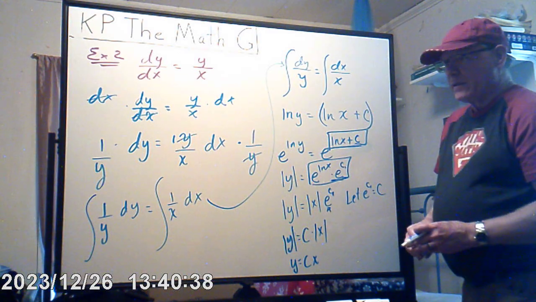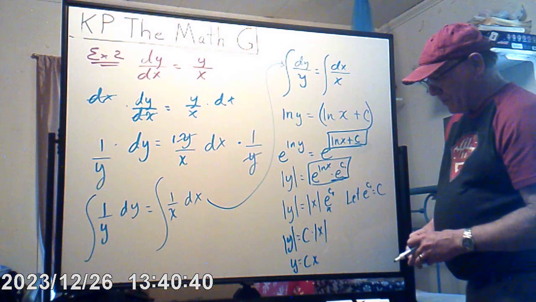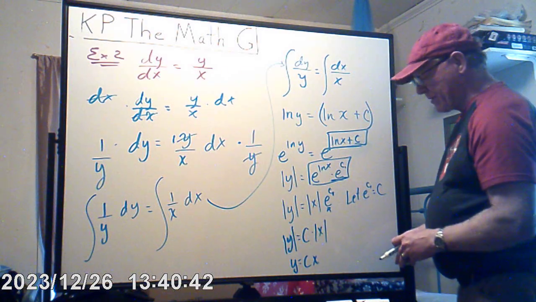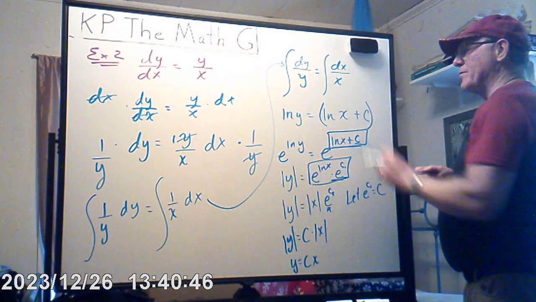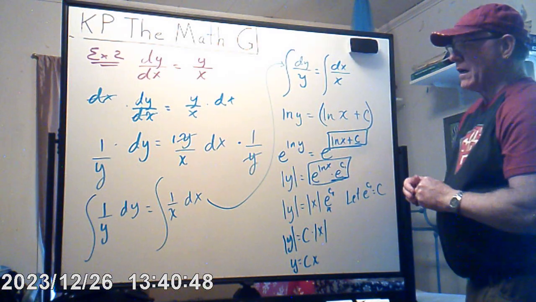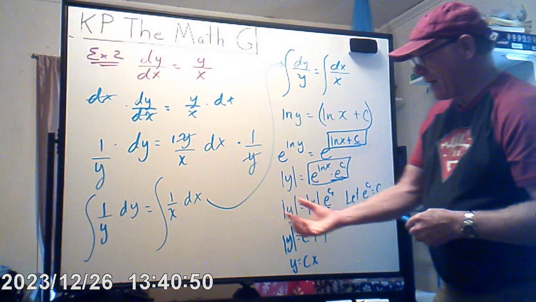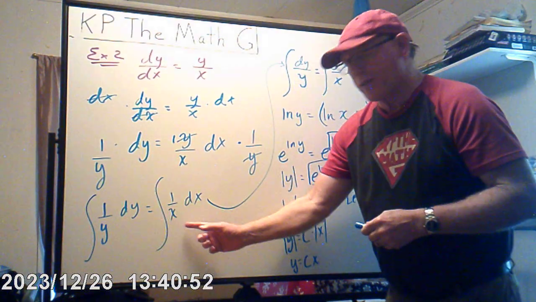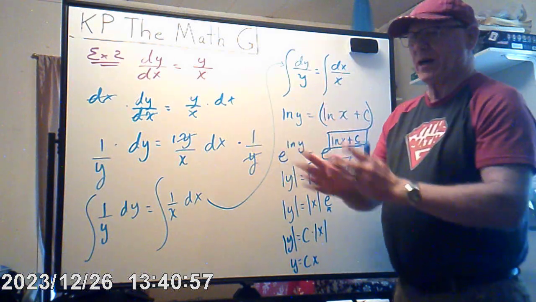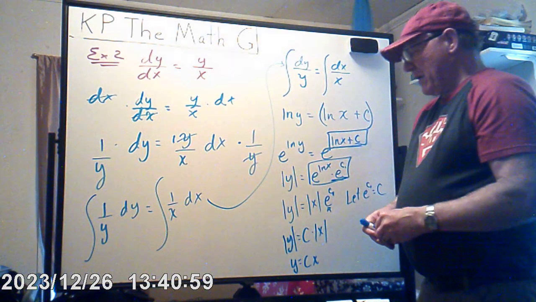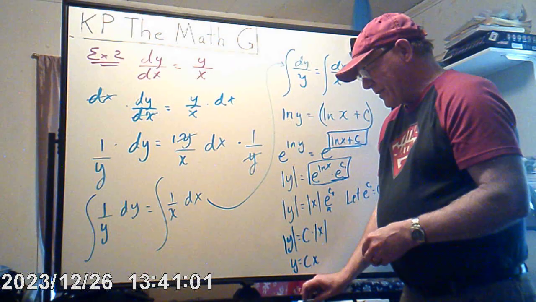Okay. So that's pretty much all there is to it on this one. That's a couple of problems that we've just done. This one here had the ln on both sides. The other problem had just ln on one side.